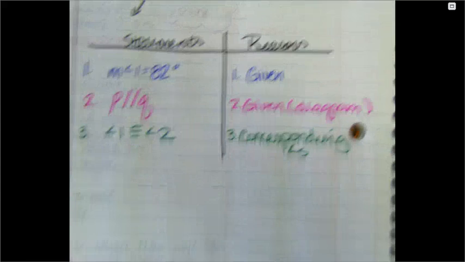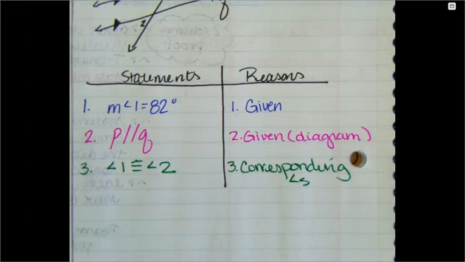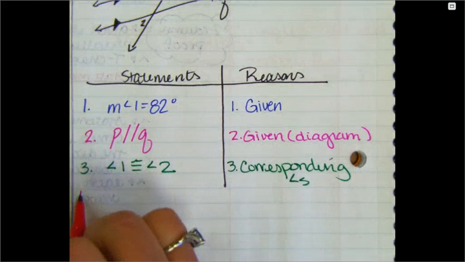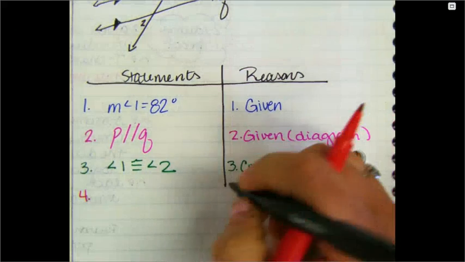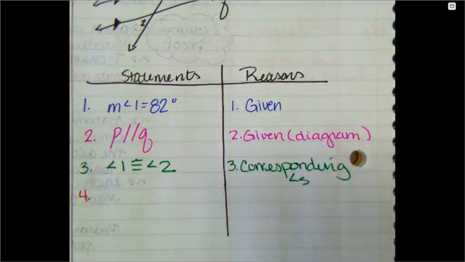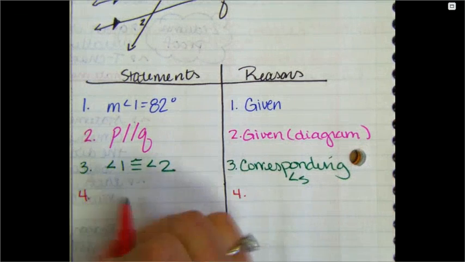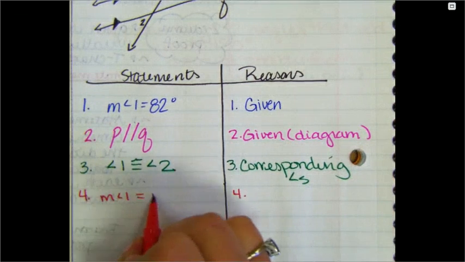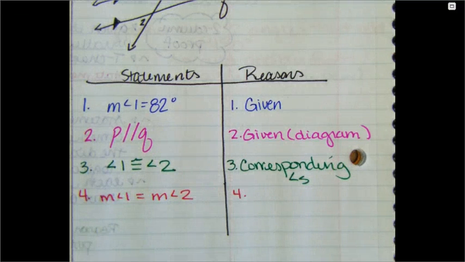So then, when I'm doing this, I'm like, okay, well, I need to follow it logically. Well, if I said they're congruent, what's the next logical step? Say the measurements are what? To equal. Can't say they're 82 yet. We're not there. So then I go to step 4, and I'm like, okay, well, if the angles are congruent, then I know that their measures are equal, right?